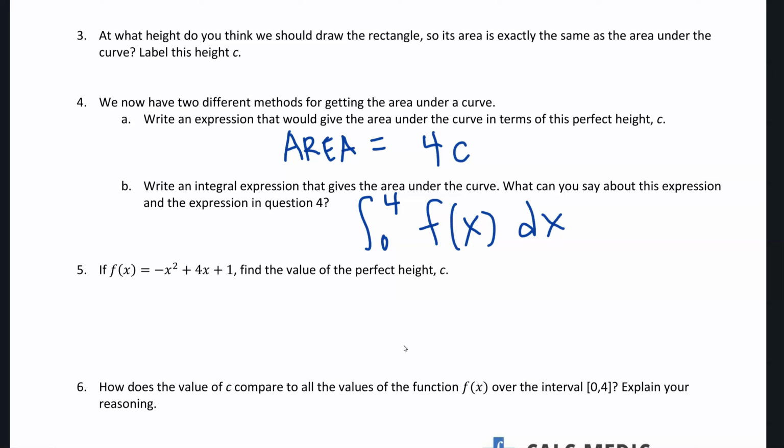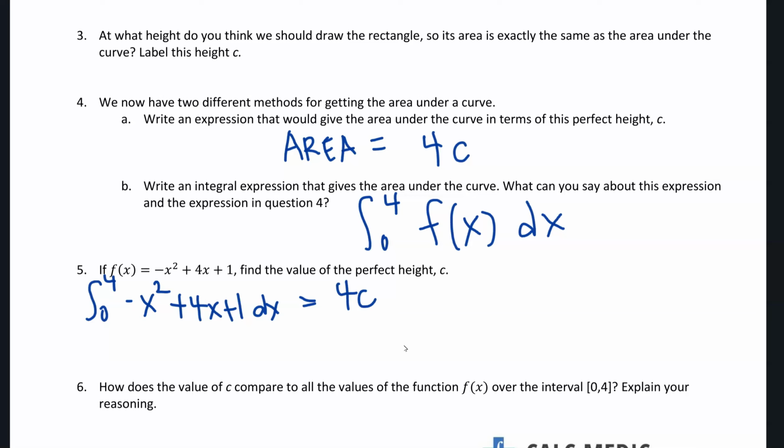Okay, so if I integrate this from 0 to 4 of negative x squared plus 4x plus 1, that should be equal to 4c, right?